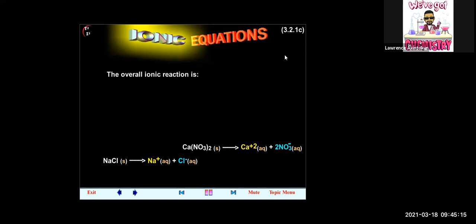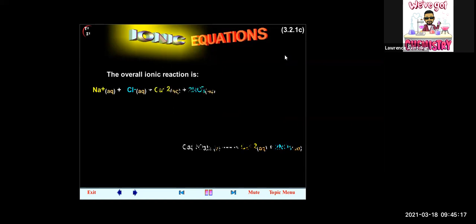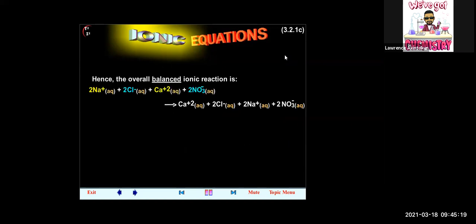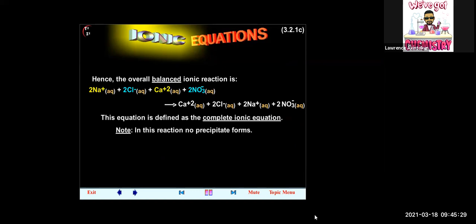The overall ionic reaction is. Hence, the overall balanced ionic reaction is. This equation is defined as a complete ionic equation. Note, in this reaction, no precipitate forms. Thus, the overall conclusion is no reaction occurs.